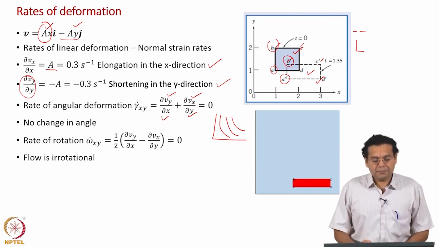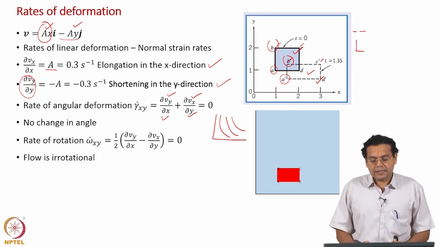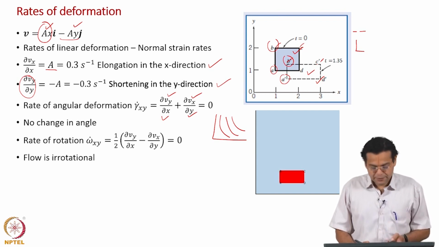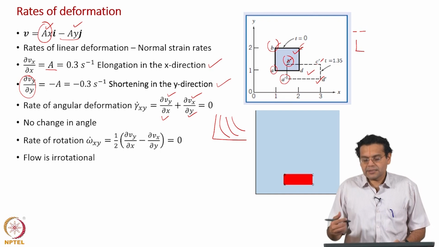So, in the earlier example no normal strain rates, only angular deformation and rotation were present. In this example normal strain rates are present, angular deformation and rotation are absent. This is a relatively simpler case compared to the earlier case.